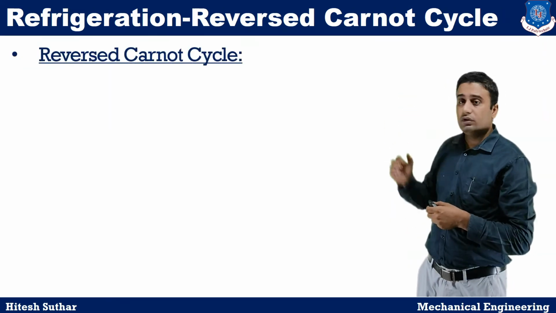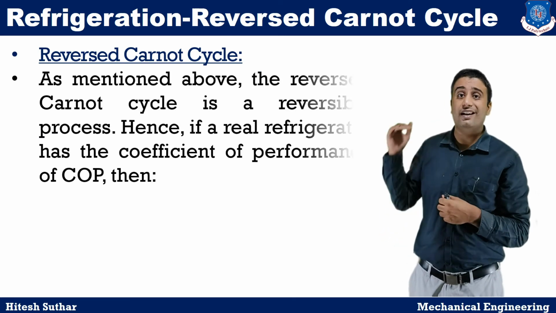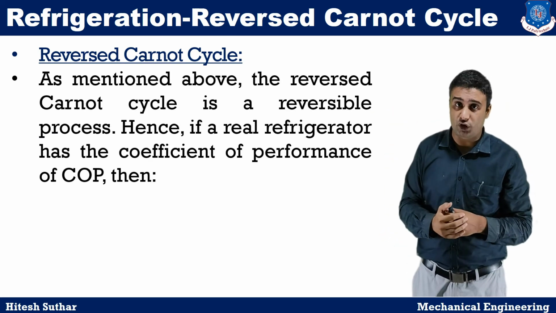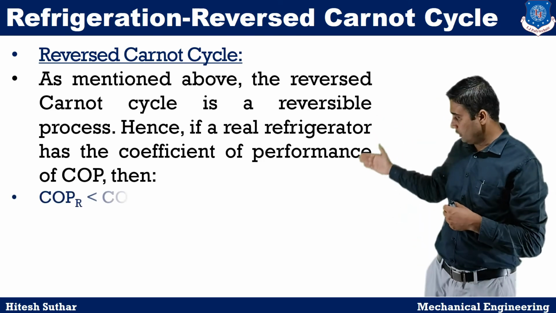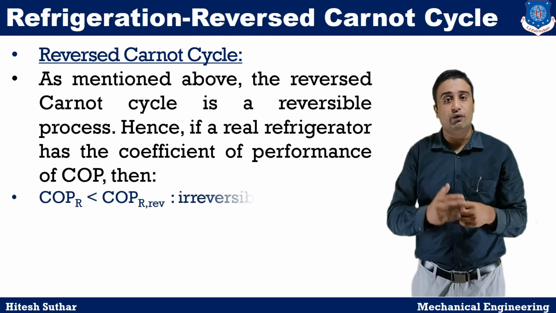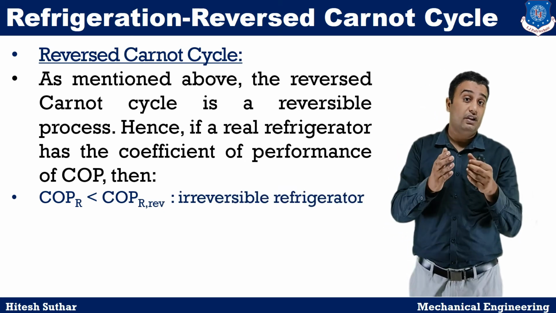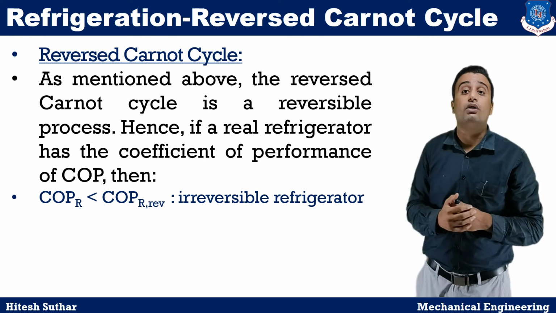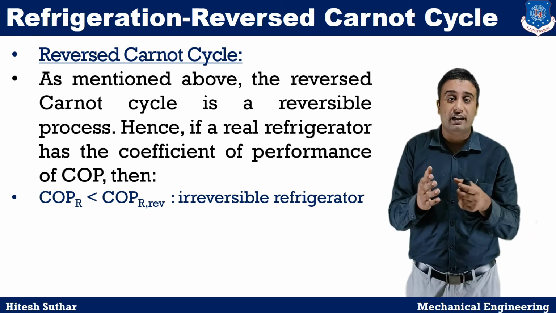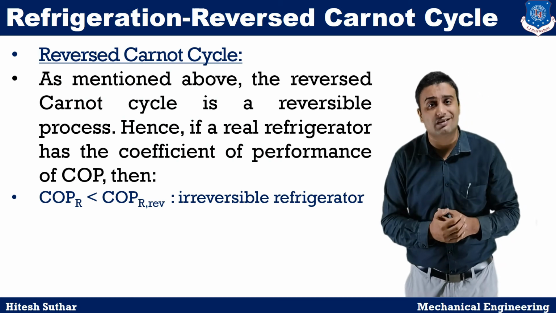As mentioned above, the Carnot cycle is a reversible process. Hence, if a real refrigerator has a coefficient of performance COP, then we have the following conclusions. If COP is less than COP of the reversible refrigerator, it is known as an irreversible refrigerator, because the reversible cycle has the highest COP compared to other cycles.